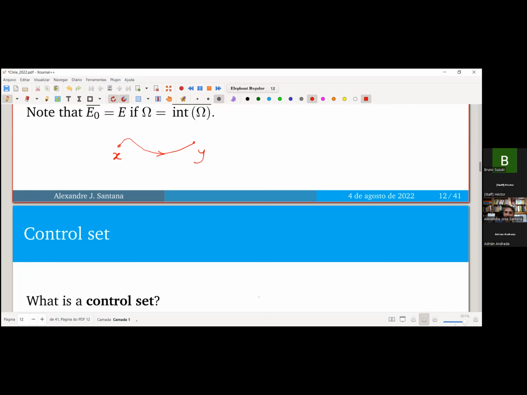Our idea is to study local controllability in the following sense. Local controllability here means that if we don't have global controllability, if we don't have this property for every two elements of R^n, we can try to find a subset in R^n where we have this property.